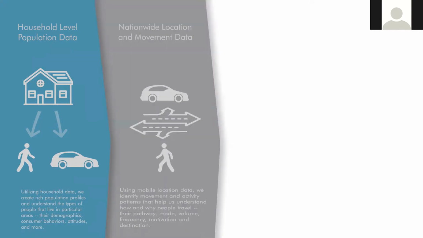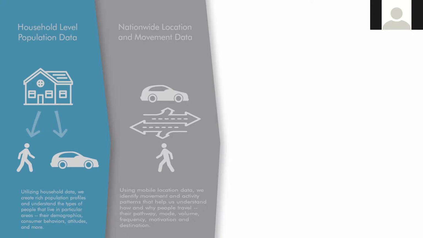And then we need to understand simultaneously the movement of everybody out there on the roads and on the pathways, moving across their daily lives. This is where the mobile location data plays a big role, helping us understand the patterns of movement within the different regions and roadways we're looking at.